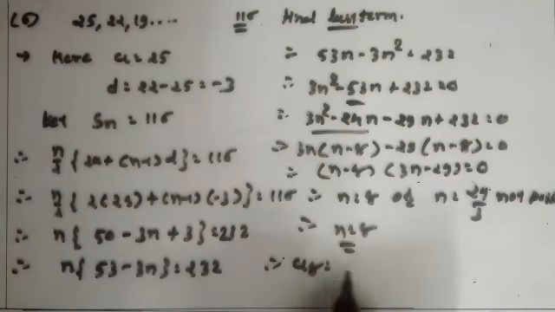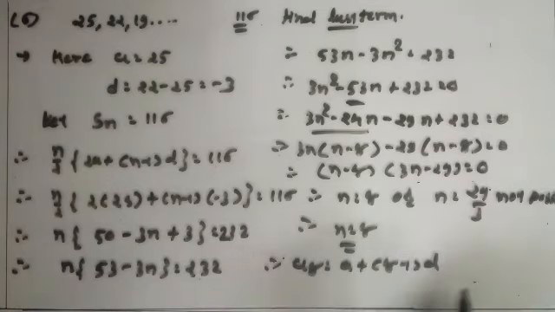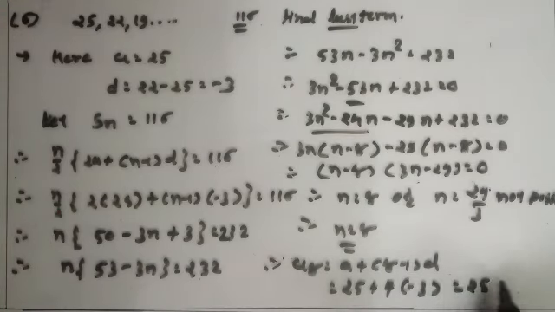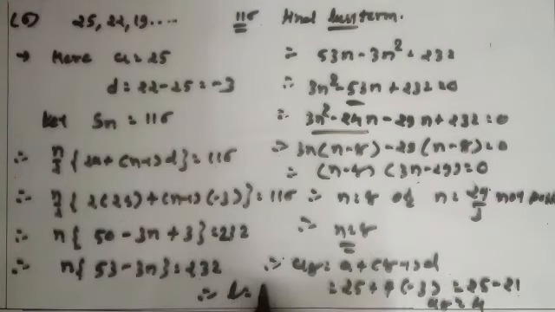Therefore A8 is equal to A plus 8 minus 1 into D, which is equal to 25 plus 8 minus 1, that is 7, into minus 3. So it is equal to 25 minus 21, which becomes 4. So the last term is equal to 4. A8, that is the last term, is 4. Okay. Therefore last term L is equal to 4.